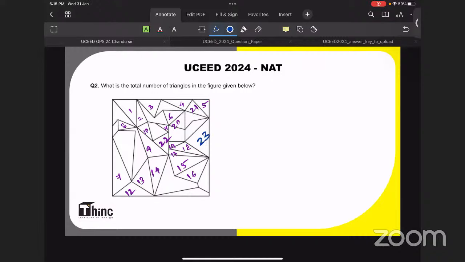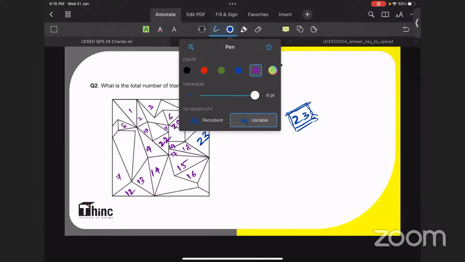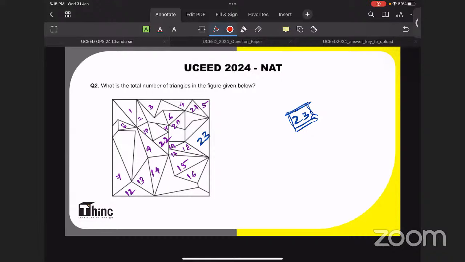Then comes the issue. The majority went for 23, as I heard, because they were looking for one component triangles, but plenty of others went for 24. They identified this two component triangle. There was only one.